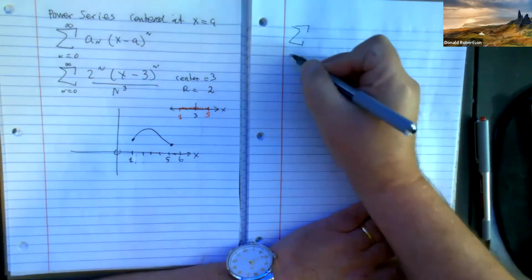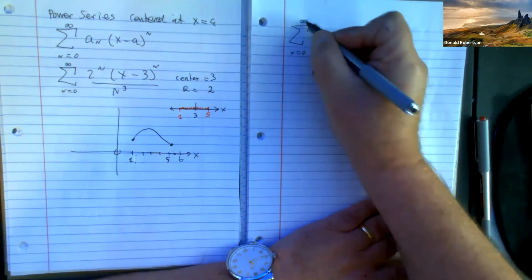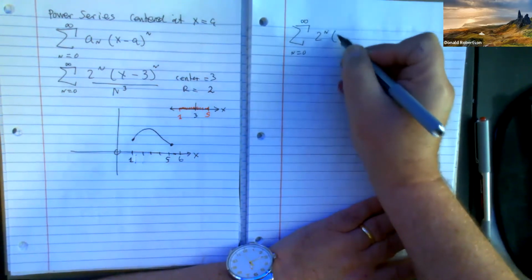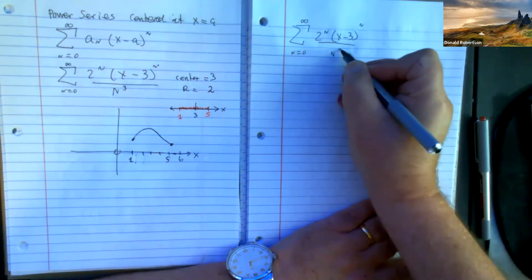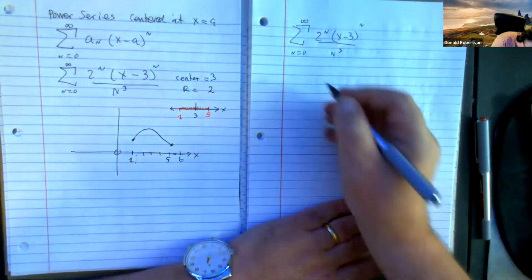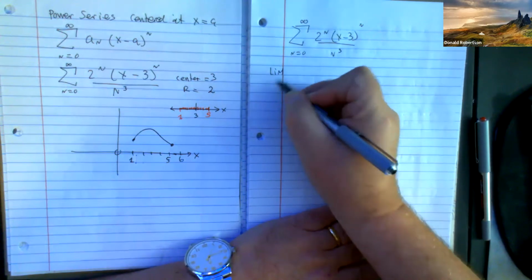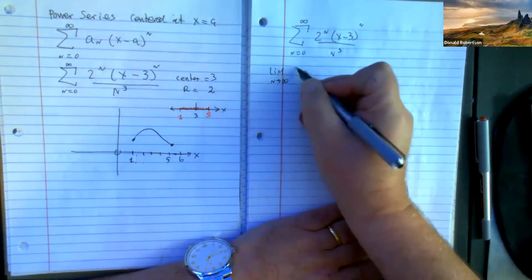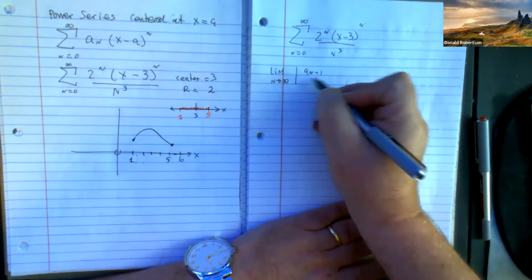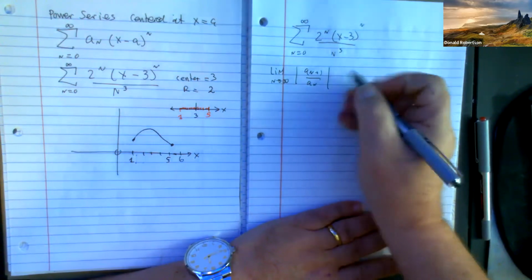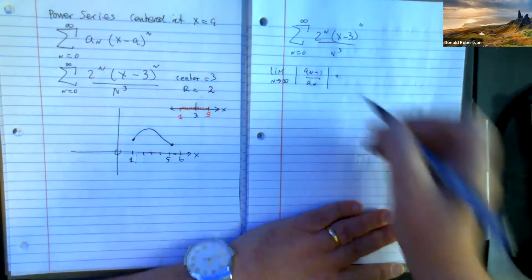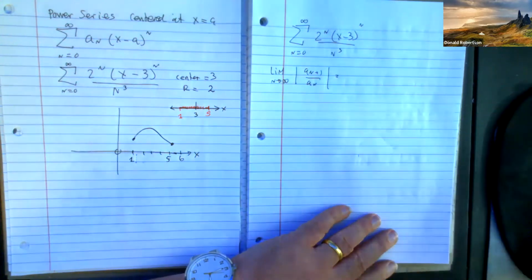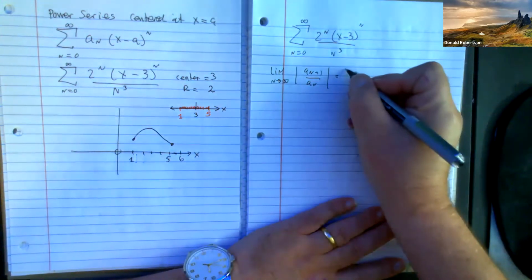So sigma n equals 0 to infinity, 2 to the n, x minus 3 to the n over n cubed, right? We use a ratio test. And we try and find out what the limit of the ratio equals, and that will help us to decide when convergence will happen.